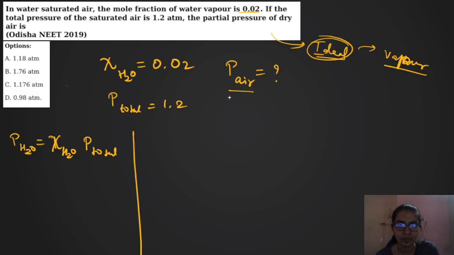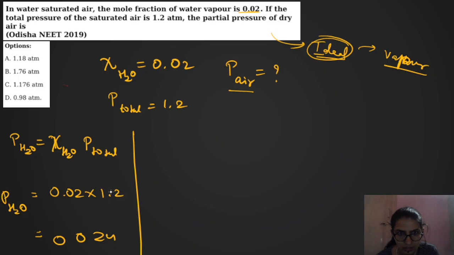Now we have mole fraction of water, let me write it down, 0.02. P total also we have, 1.2. Let's solve this first. We'll get the partial vapor pressure of water. So if I multiply this, 12 2s are 24. We have 0 0. So after 3, here we have. So partial pressure of water is going to be 0.024.